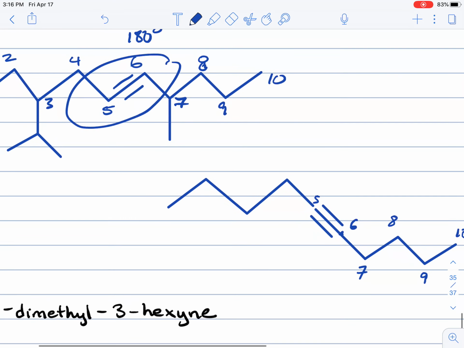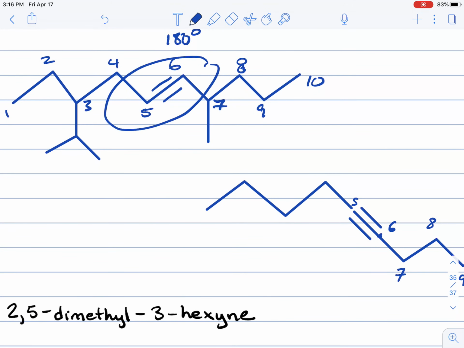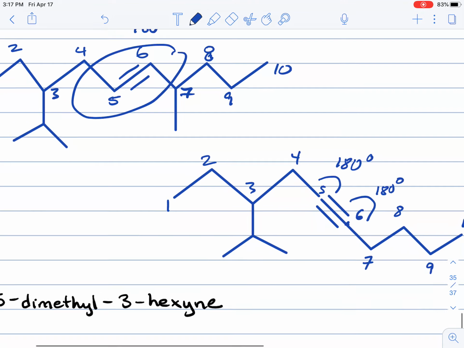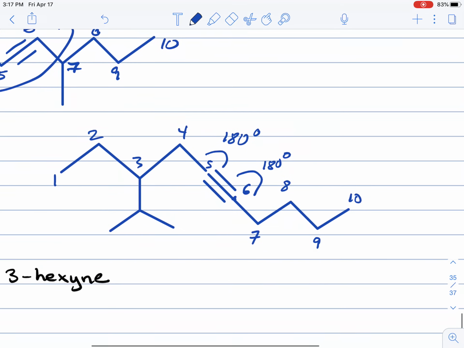And so now I need to make sure my substituents are on this thing correctly. And so 1, 2, 3. I have my isopropyl. You guys can draw your isopropyl going up or down, doesn't matter. Just make sure it's an isopropyl. Okay. So nothing on 4. 5 and 6 are now 180 degrees. Okay. And 7 contains my methyl group.